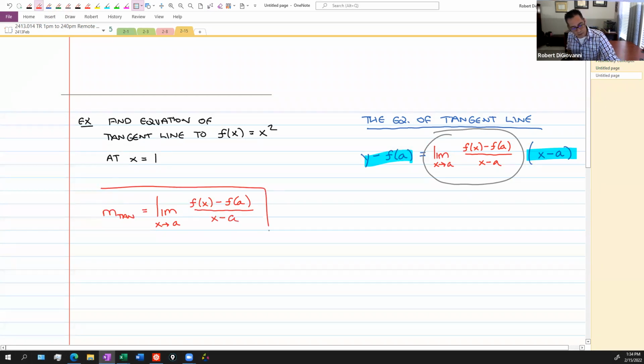This is something you might want to box. This is a formula for just this piece of the formula. This is the equation of the tangent line. The equation of the tangent line contains this in front, which is the slope of the tangent line. What's the only difference between the formulas for the slope of the secant versus the slope of the tangent?